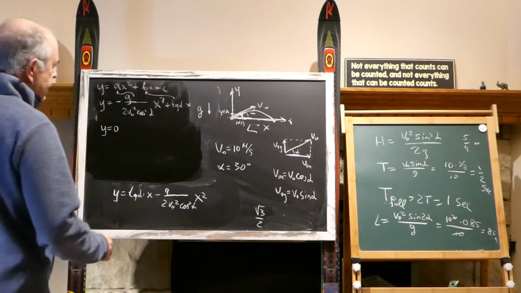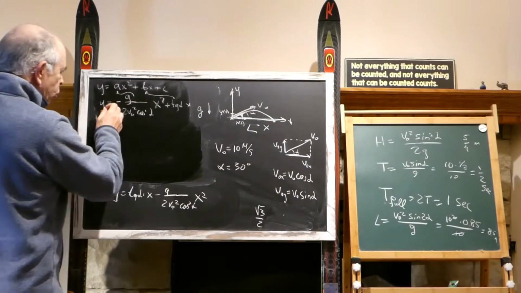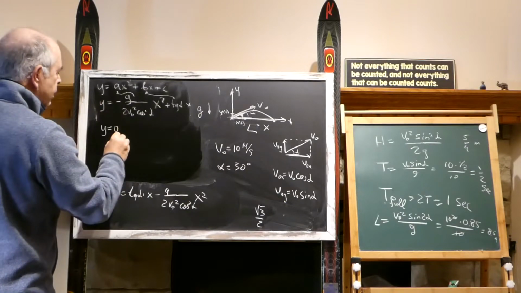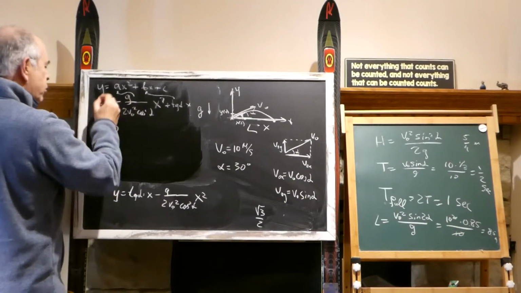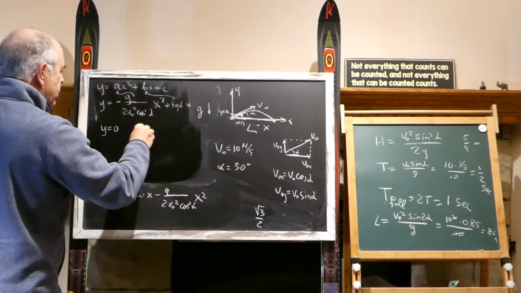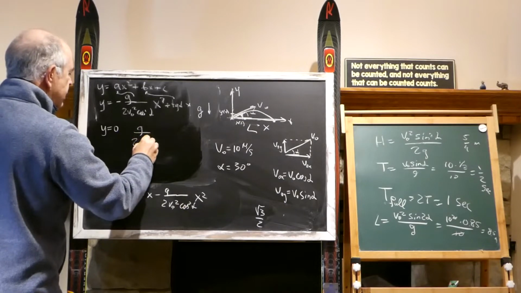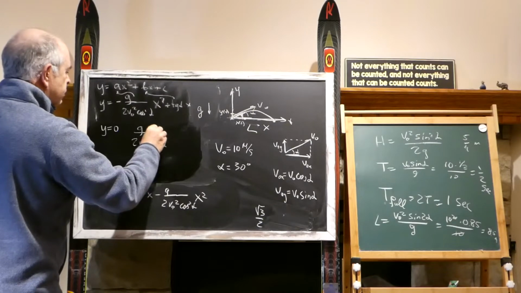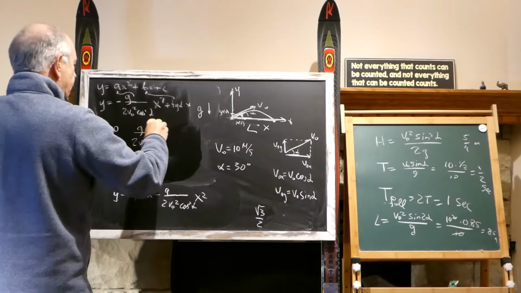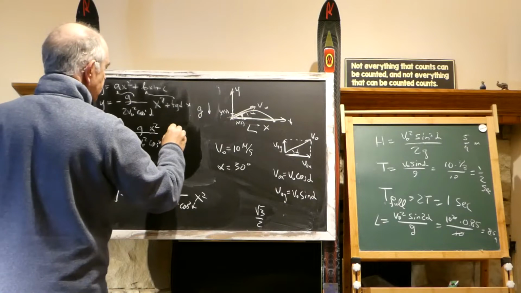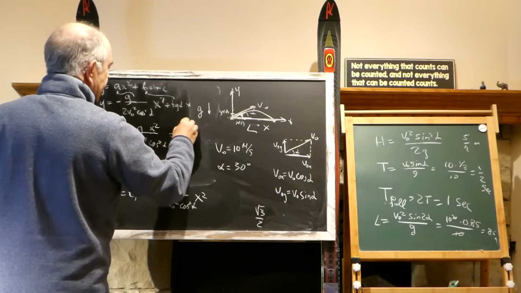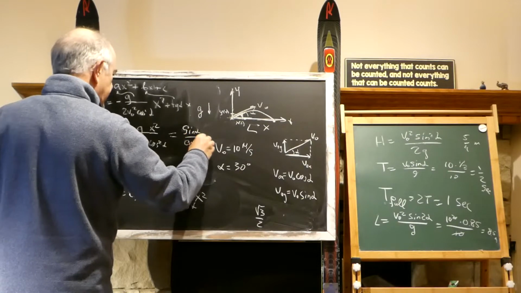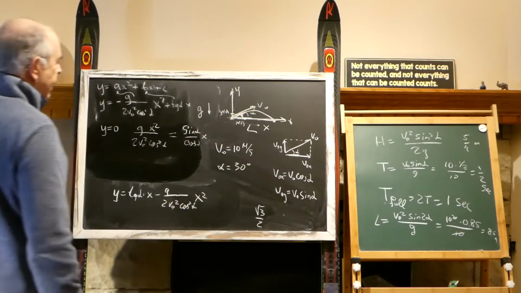For example, if I put 0 and get rid of the negative sign, so I move this to this side, I will receive g over 2 v0 squared cosine squared alpha, x squared equal, and tangent I write again as sine alpha over cosine alpha, multiplied by x.